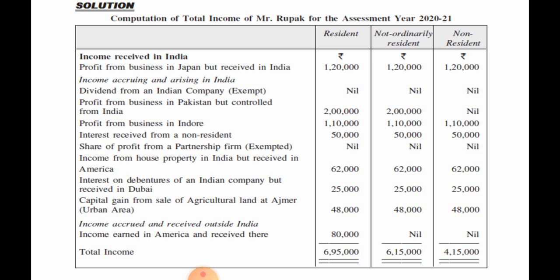So it doesn't matter. You can mention incomes which are not taxable in the solution, or else give them in the working notes as additional points, explaining why you have not taken the first point. You can simply mention that income like dividend from an Indian company is fully exempt. This is why it is not taxable.